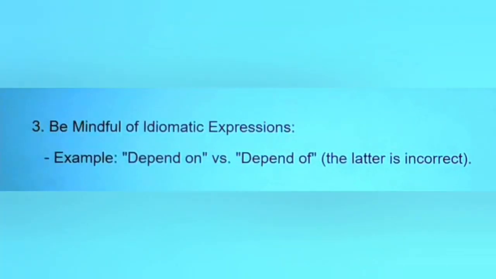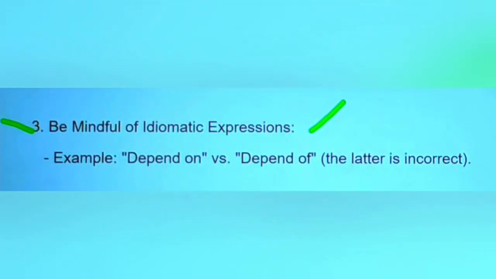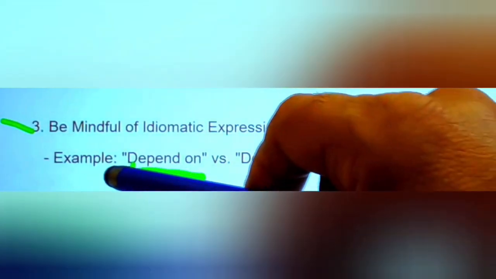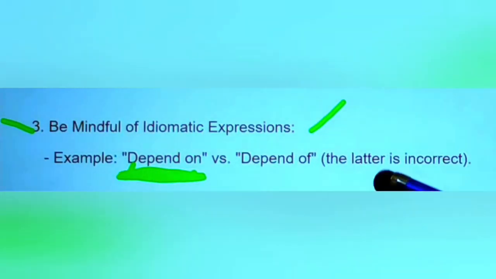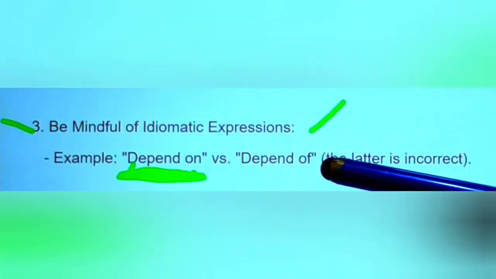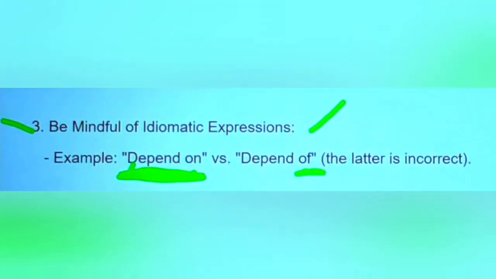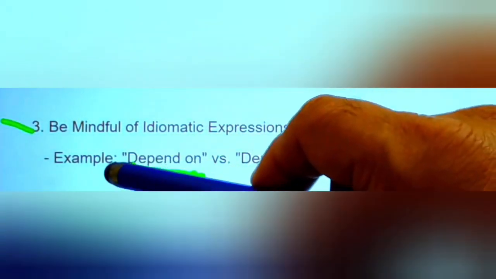The next rule for using prepositions is this one: be mindful of idiomatic expressions. For example, depend on is correct, when we add on with depend, versus depend of. If we add depend of, this is different. So the correct one here is depend on.